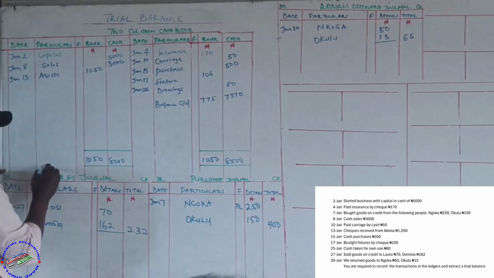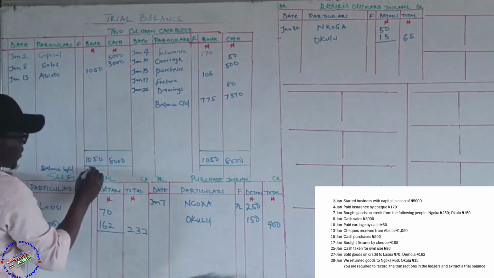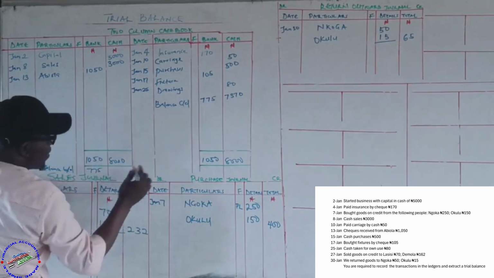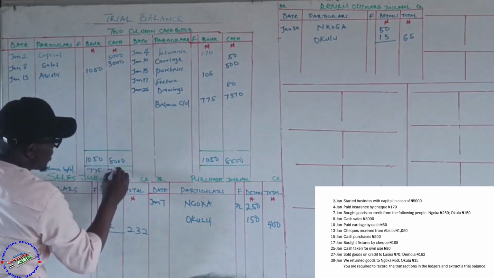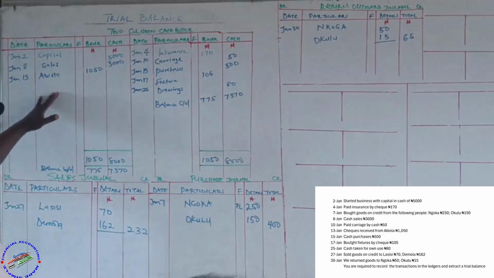We have balance brought down, that is balance BD, which is 775, the same balance we had here, and 7,370. So we have the balance of our cash book.